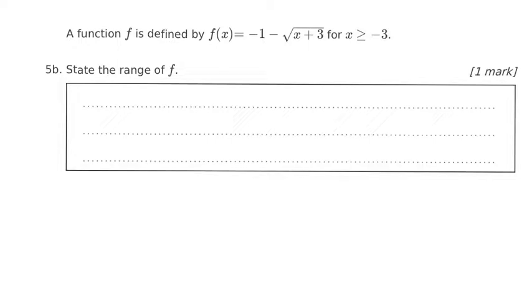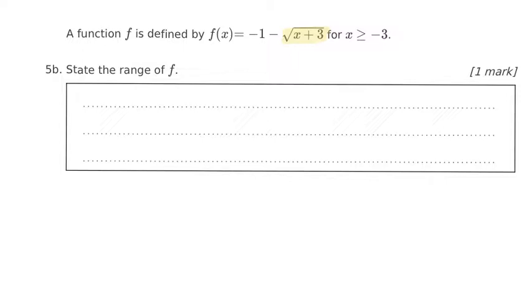A function f is defined by f(x) = -1 - the square root of (x + 3) for x greater than or equal to -3. 5b, state the range. Remember, the range is the output. If we look at our function, this part of the function, because x is always greater than -3, must always be positive.